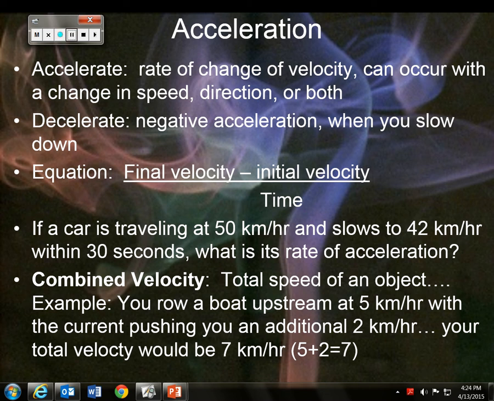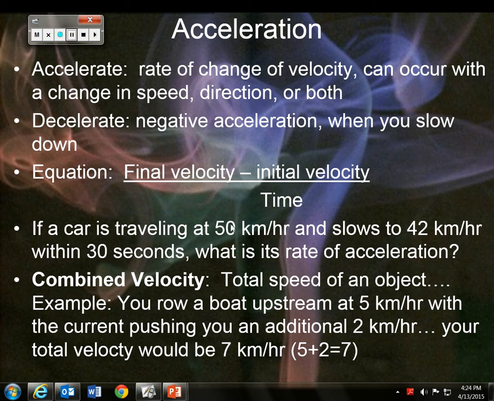Okay, here's a question for you all. If a car is traveling at 50 kilometers per hour, so that's its final velocity is 50. Oh, I'm sorry, that's its initial velocity. And it slows to 42 kilometers per hour within 30 seconds, what is its rate of acceleration? I'm sorry about that, I totally messed you up.